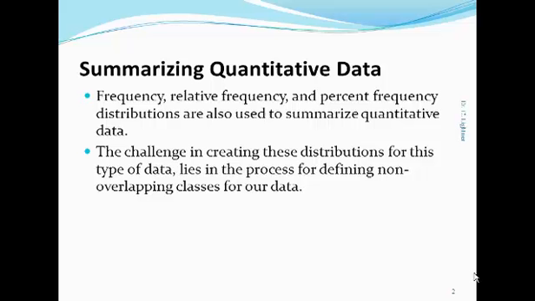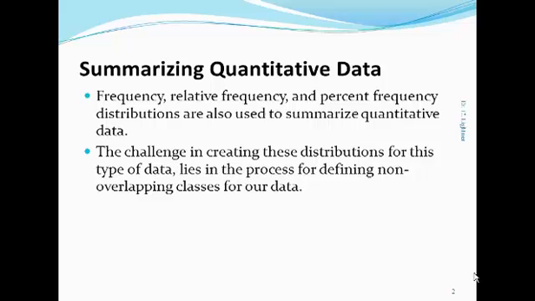The challenge in using these distributions to summarize quantitative data lies in the process for defining non-overlapping classes for our data. Recall, for qualitative data, we define classes based upon all of the possible response categories in our data.